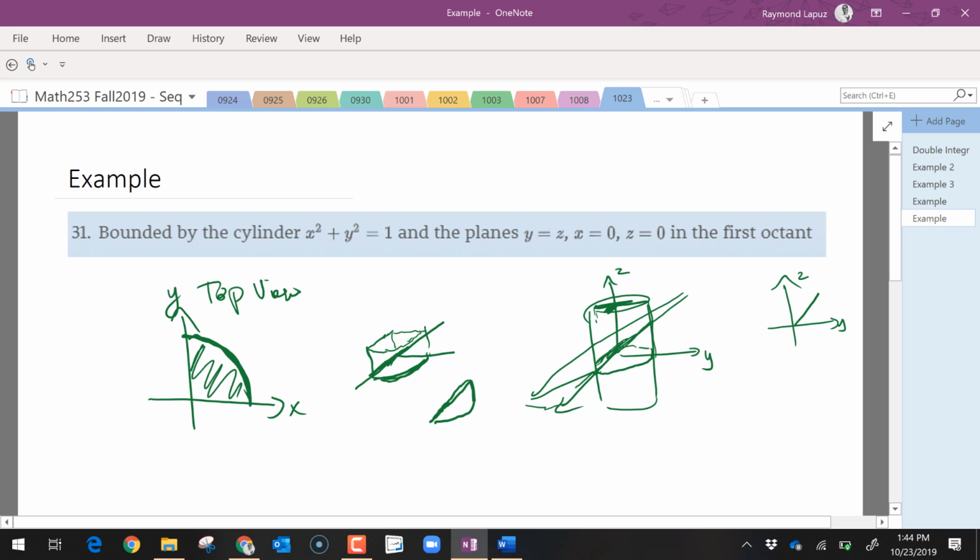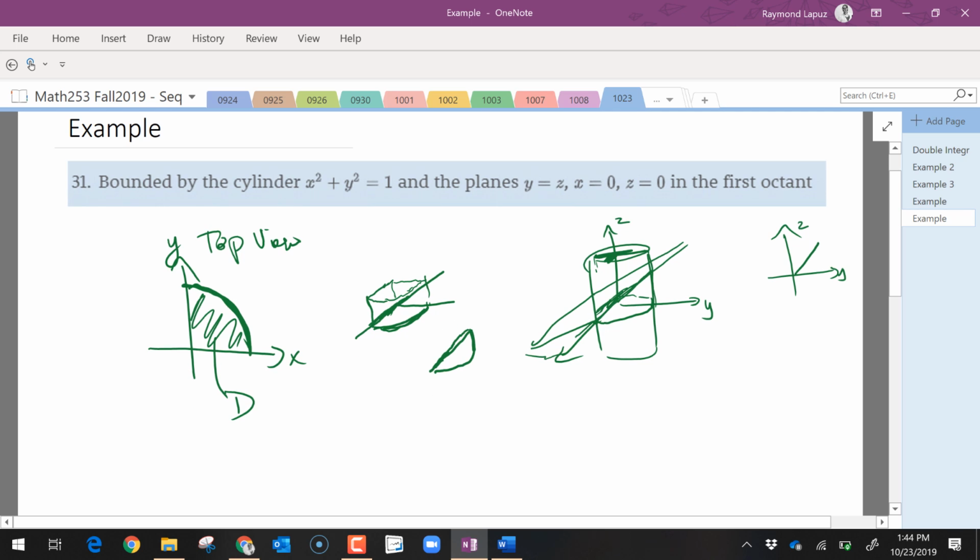So that's my top view, and this is going to be my region. This will determine my limits for x and y.